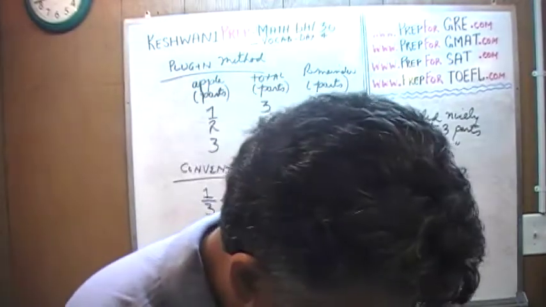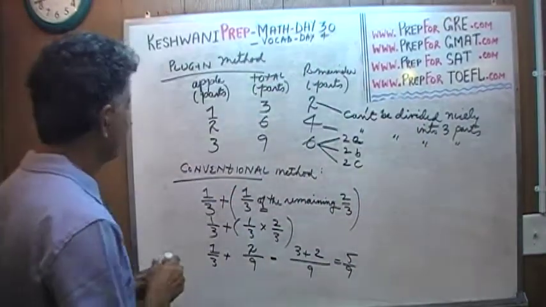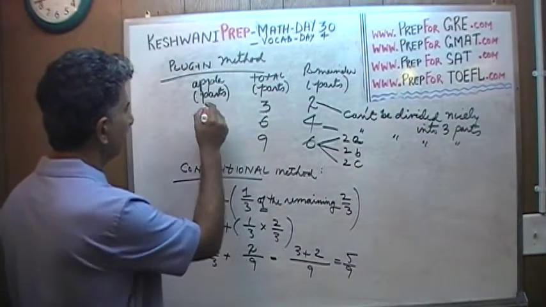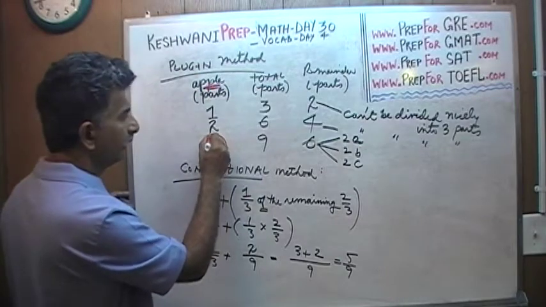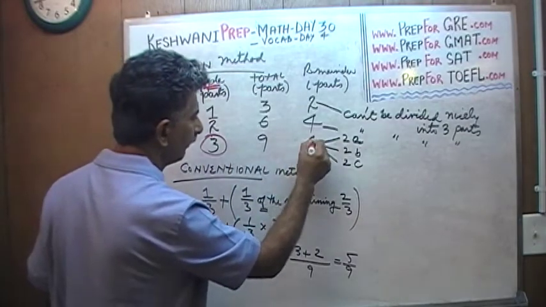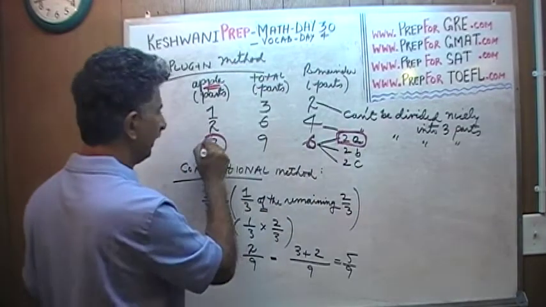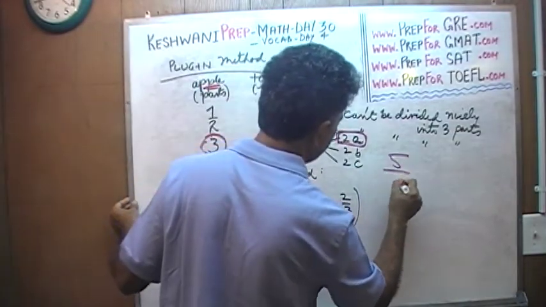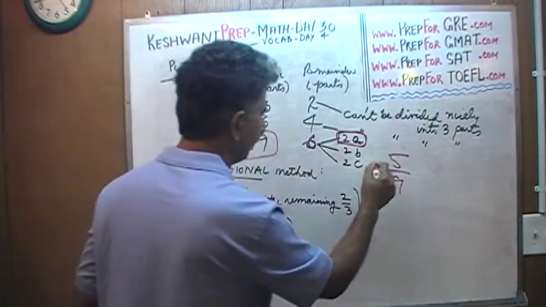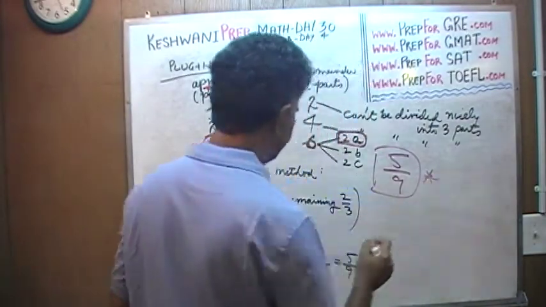We had 3 parts of apples to begin with, and then of the remaining 6 parts, we have 2 more. So these 2 parts plus the 3 parts gives me a total of 5 parts out of 9 parts. Voila, that's your answer.